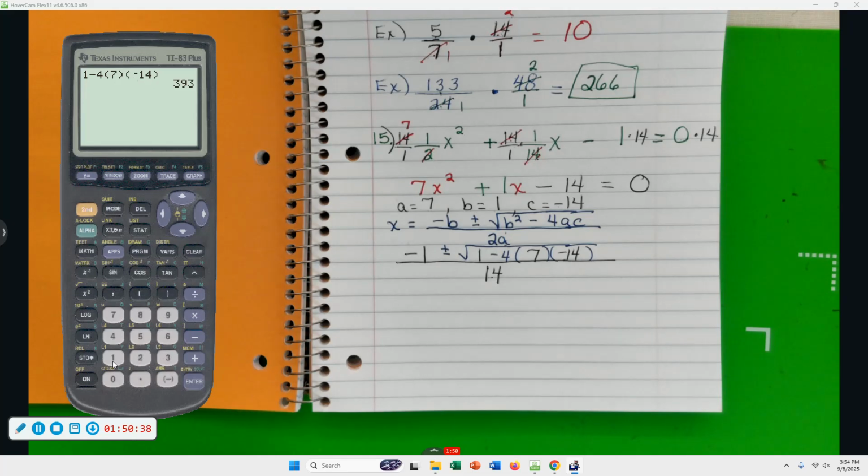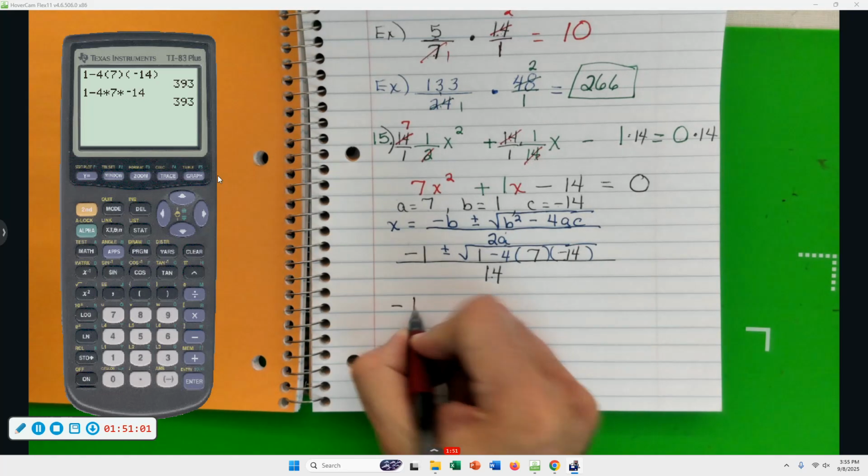You can type it in like this, 1 minus 4, those parentheses just mean times 7 times negative 14. So if you don't know how to use your parentheses on your calculator, or you don't see the parentheses, let's just use a times symbol.